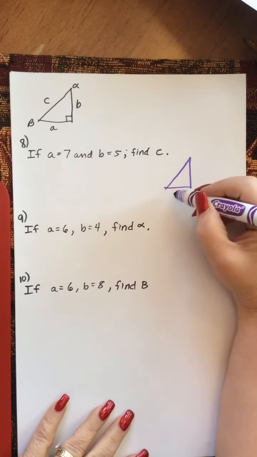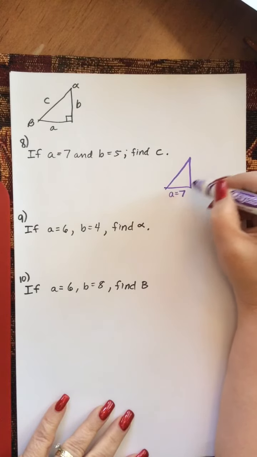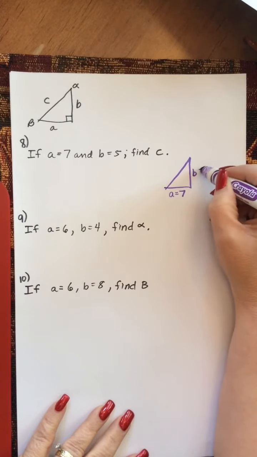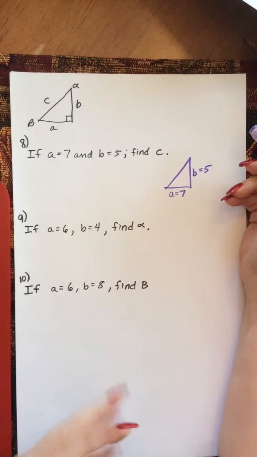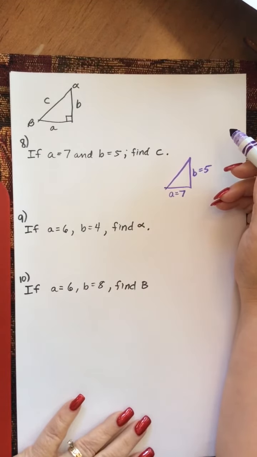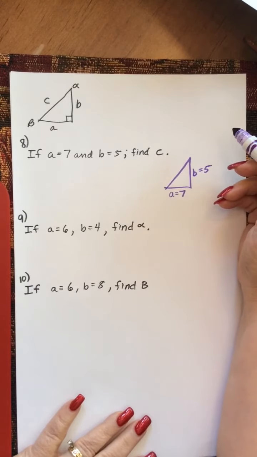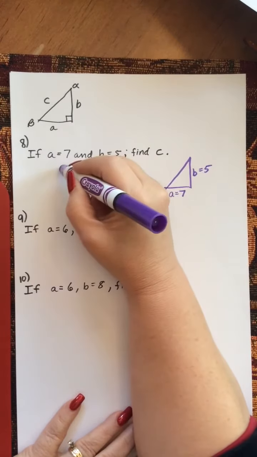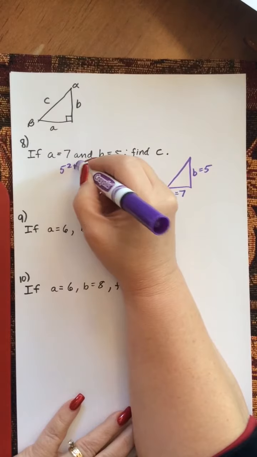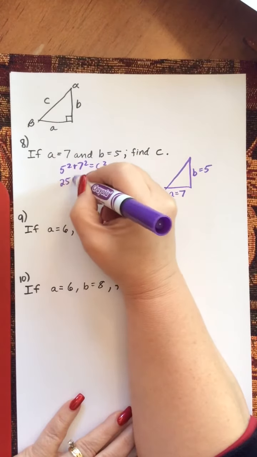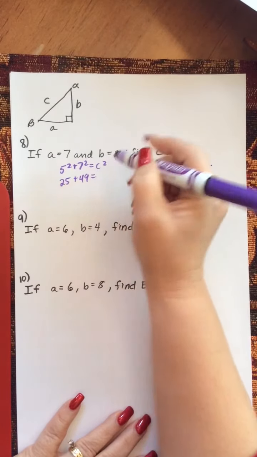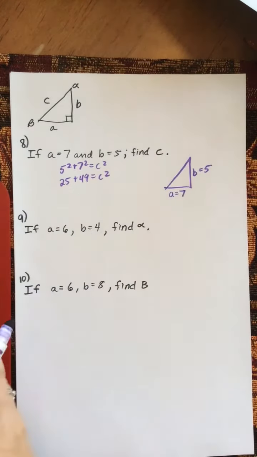And we were told that A is 7 and that B is 5. And they ask us just to find C. So in this case, it's just kind of a Pythagorean theorem, actually. You could just do it that way. So you could say 5 squared plus 7 squared is equal to C squared, or 25 plus 49 equals C squared.